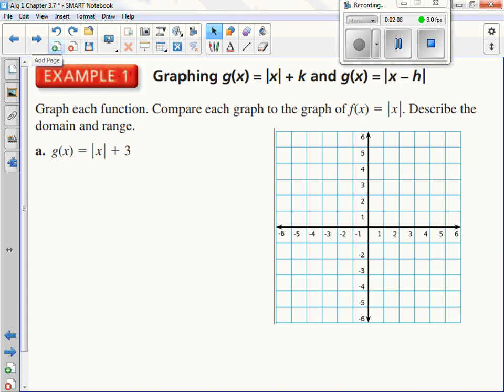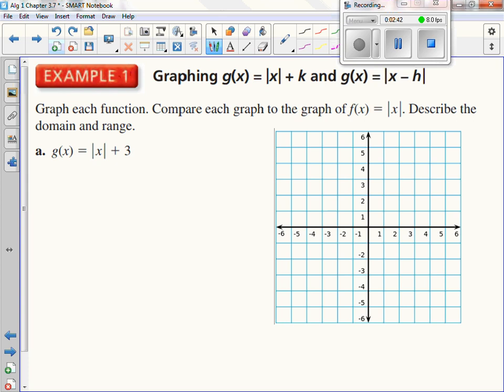Now, the first one is f of x equals the absolute value of x plus 3. When we talked about adding something to the outside, what was that? Our vertical translation.